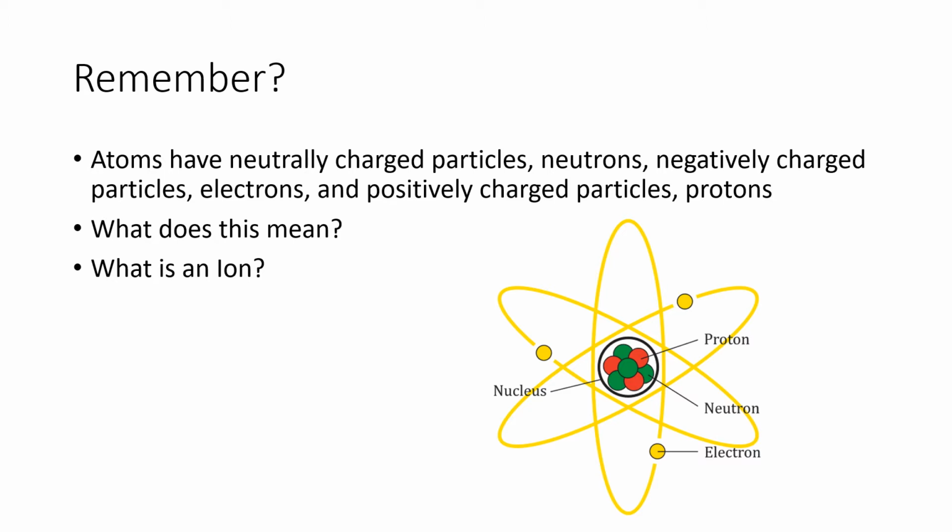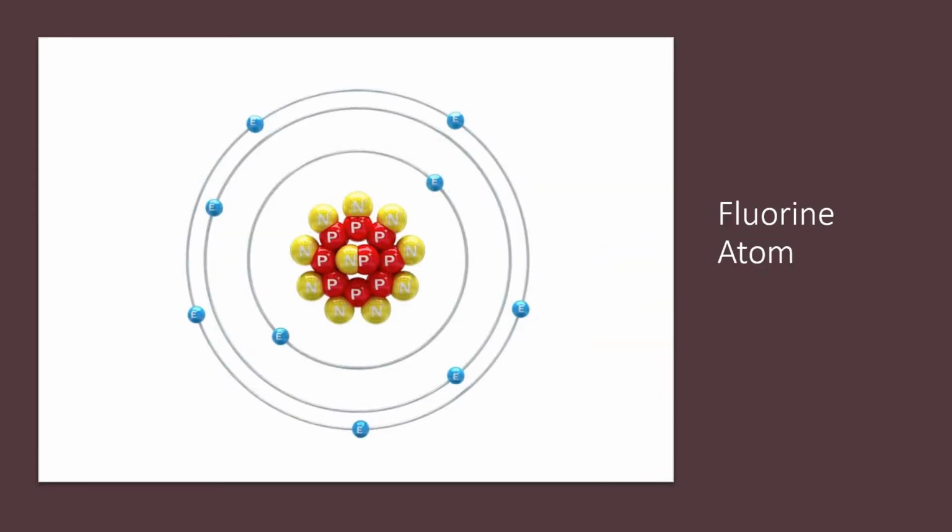We're going to discuss what it means to have these particles and how that relates to what an ion actually is. To talk about ions, I'm just going to pick an atom, and at random, I decided, hey, let's go with fluorine. This is an element, and as you remember, elements are different types of atoms.